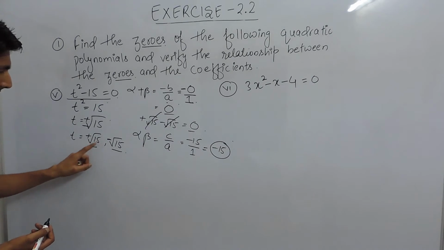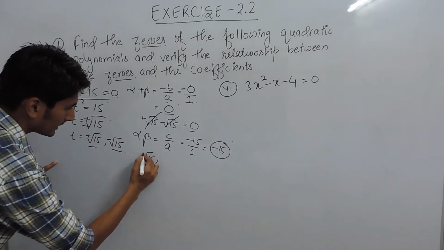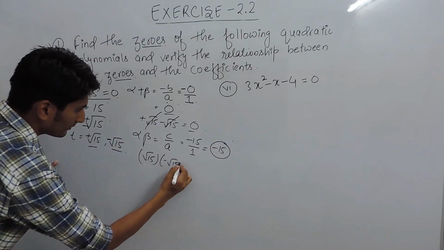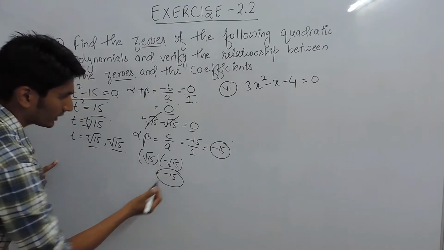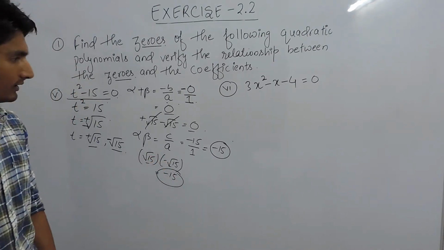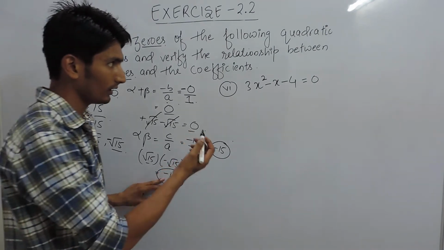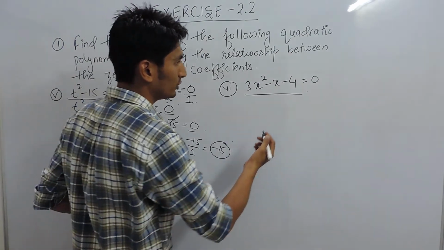Clearly, if you multiply these two roots, root 15 multiplied by minus root 15, this will be equal to minus 15, because root and root will cancel out and only 15 will remain. In this question also you have to find the value of roots.